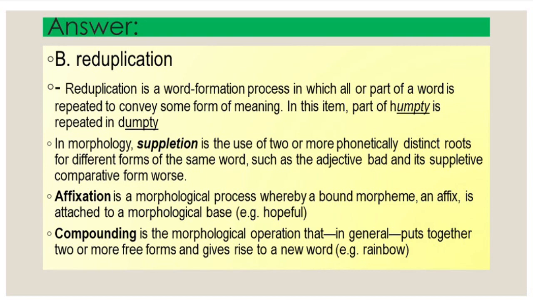So worse is formed through suppletion. Reduplication. It is a word formation process in which all or part of a word is repeated to convey some form of meaning. In the item, part of Humpty, the umpty, is repeated in Dumpty. So therefore, our answer should be option B, reduplication.